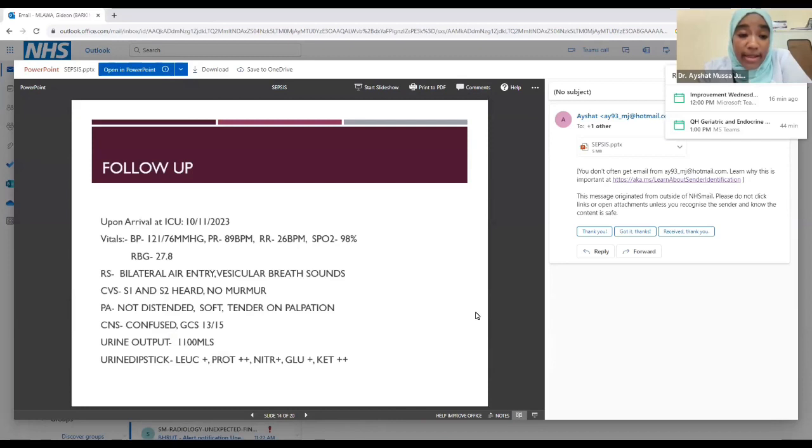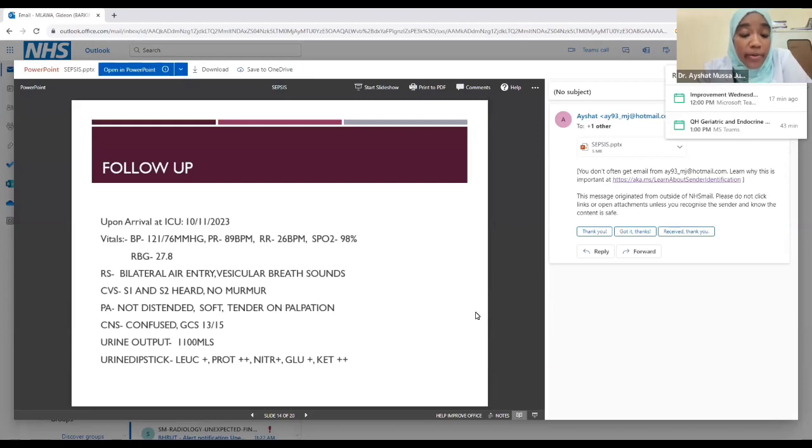Upon arrival at ICU, the vitals were blood pressure of 121/76, pulse rate of 89, respiratory rate of 26, saturation of 98, and random blood glucose of 27.8. The respiratory and cardiovascular systems were not significant.